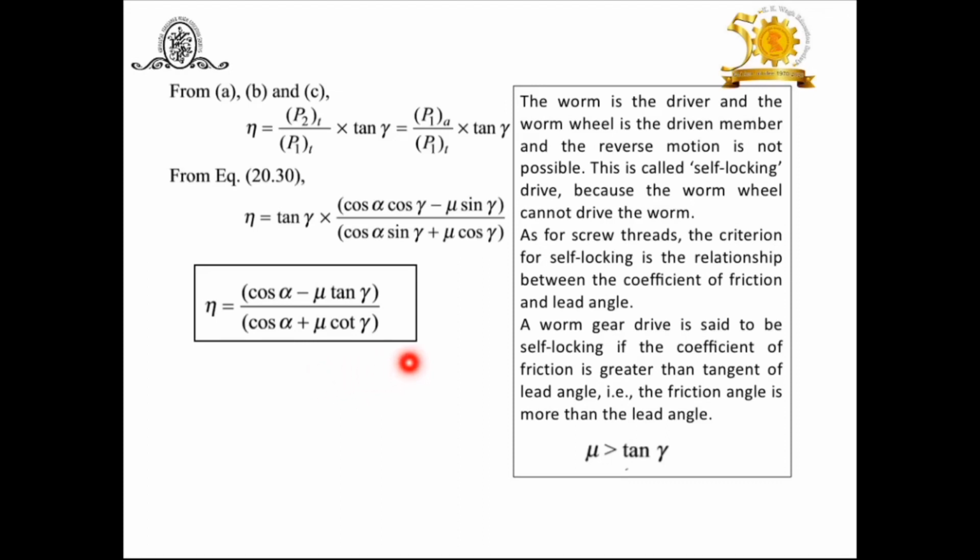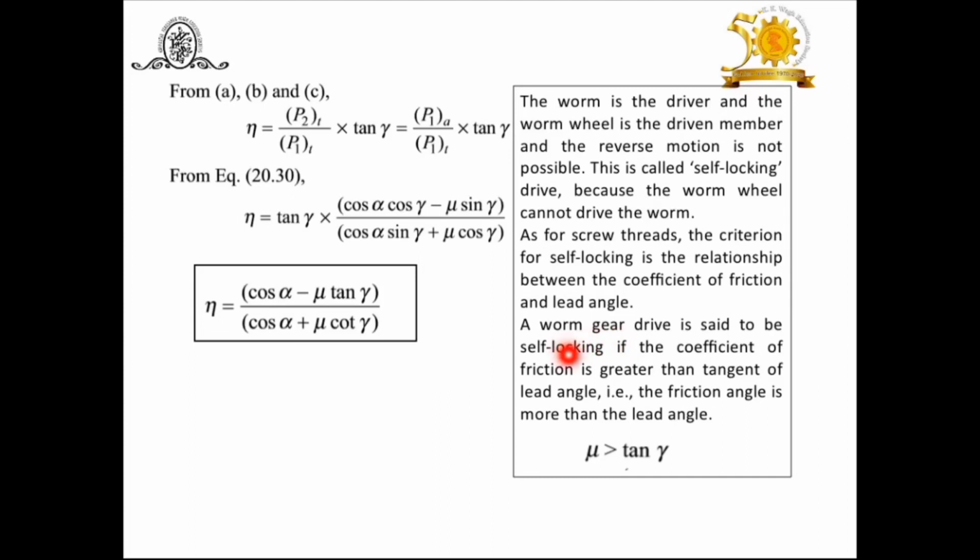Now in a worm gear drive, we are aware that the worm is always the driver and the worm wheel is the driven member, and reverse motion is not possible. This is called a self-locking drive, because of which the worm wheel cannot drive the worm. As for screw threads, the criterion for self-locking is the relationship between the coefficient of friction and the lead angle.